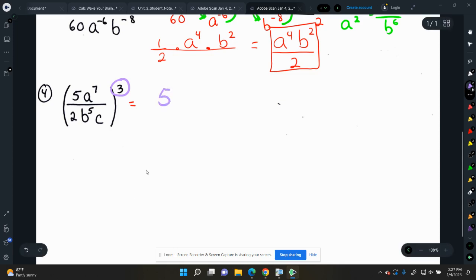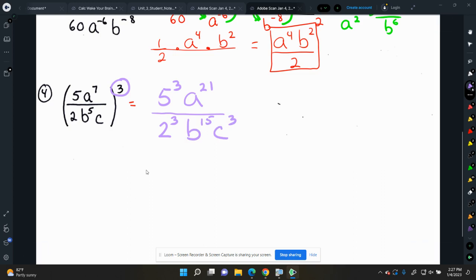It becomes 5 to the third power. How about the A? A to the 21st, good. Over, and the 2 is 2 to the third. And then we have B to the 15th and C to the third.